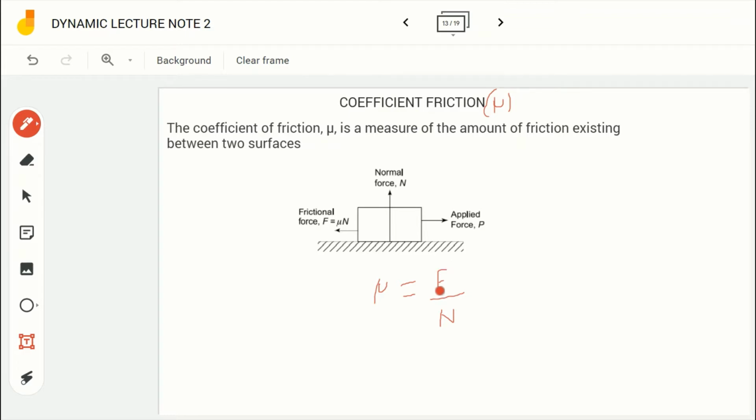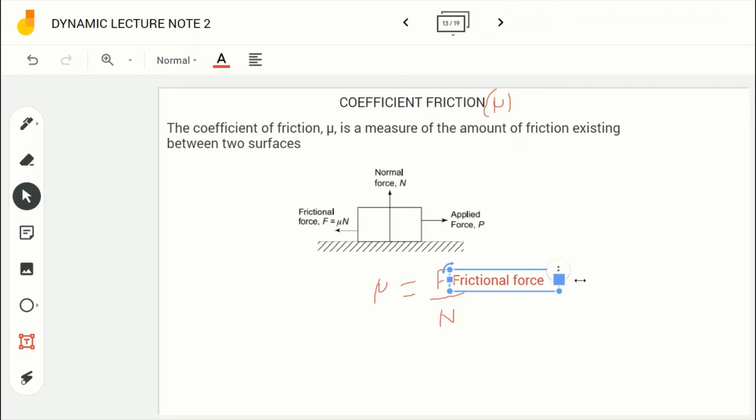It is the ratio of the frictional force F, where F is your frictional force, while N is our normal force. This is a very important formula that we have to note.